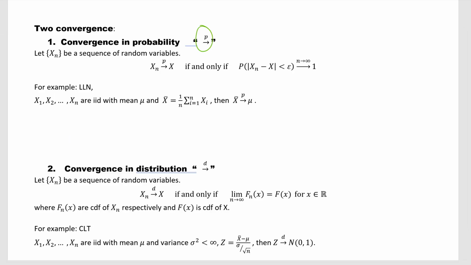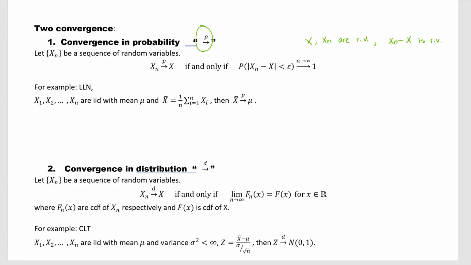Suppose we have the sequence X_n, and we say the sequence converges to X in probability if and only if the probability of the difference being less than epsilon goes to 1 when n goes to infinity. What does that mean? Well, because X and X_n are random variables, X_n minus X is also a random variable, right?